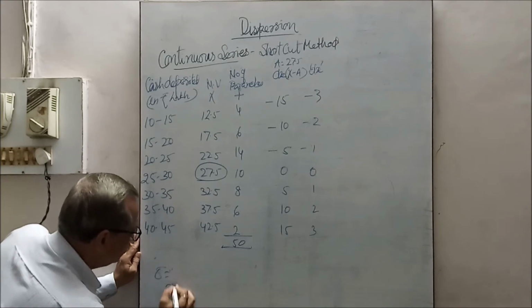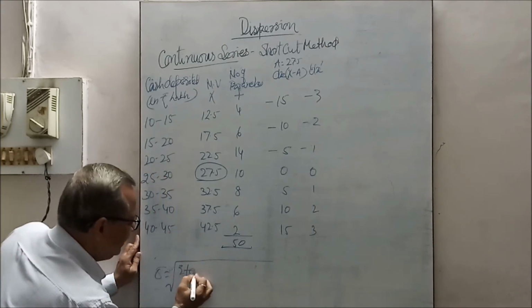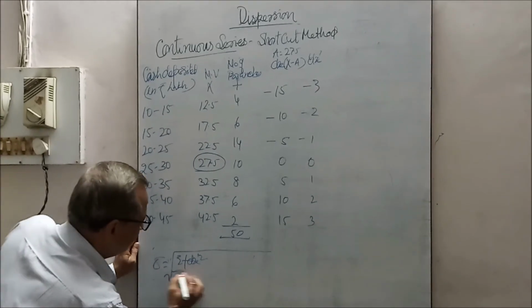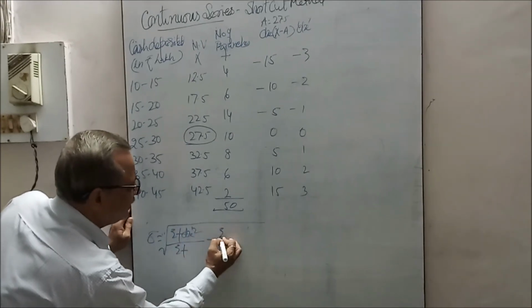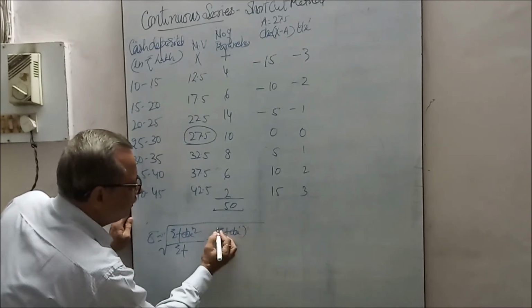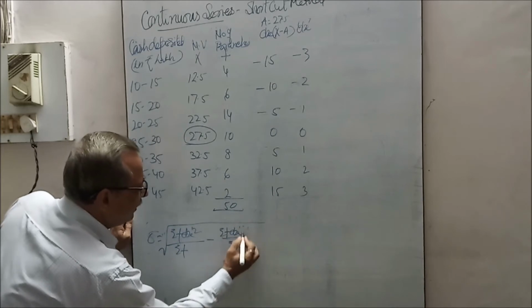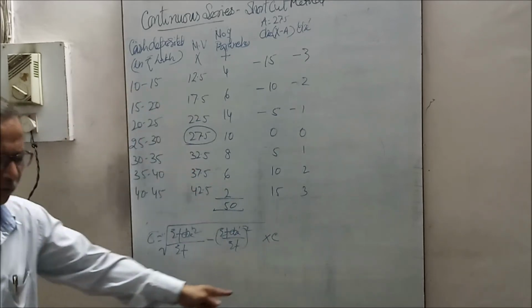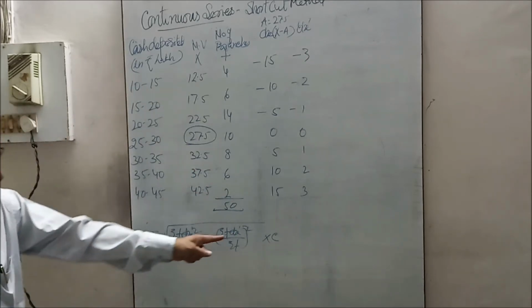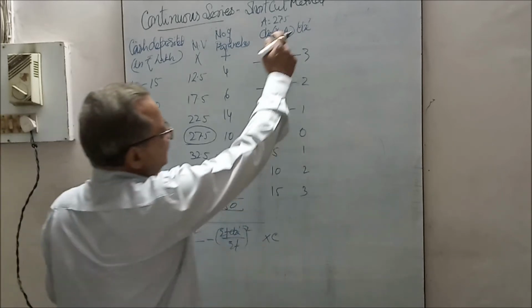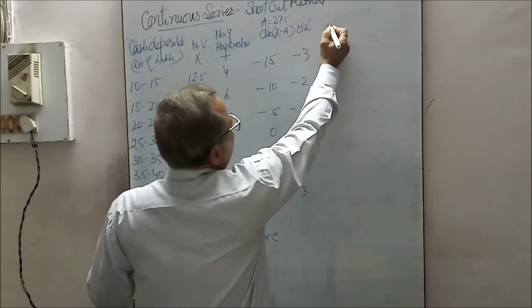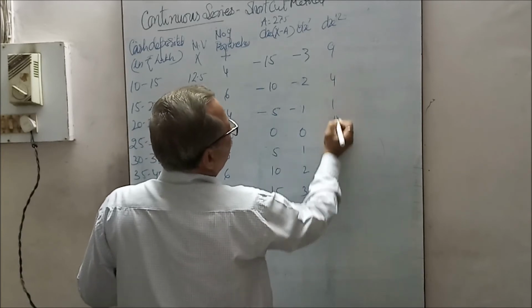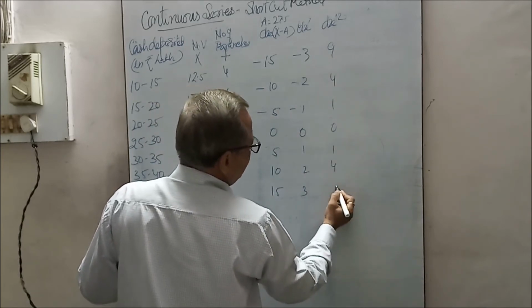Standard deviation is equal to root of f dx dash square upon f minus f dx dash upon f whole square into c, that is class interval, or you can use I. Dx dash square: 9, 4, 1, 0, 1, 4, 9.